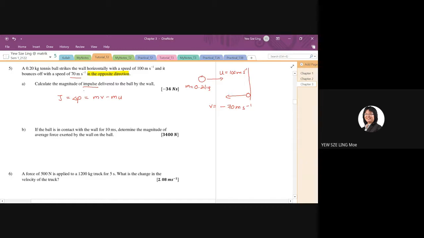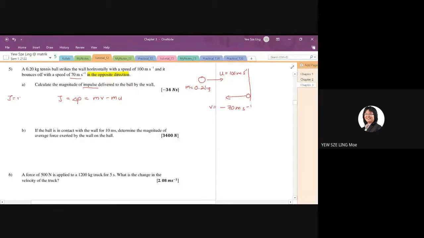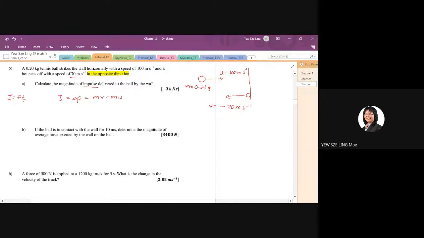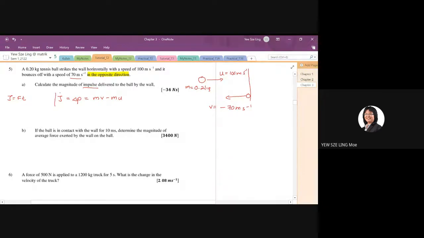For instance, this question is asking for impulse. The definition is J equals Ft, but we cannot use this equation because we don't have information about the force. Therefore, we are going to calculate J using the impulse-momentum theorem, J equals delta P.